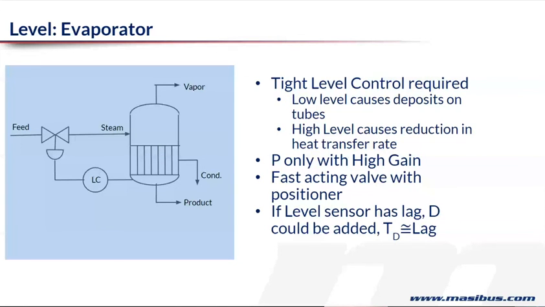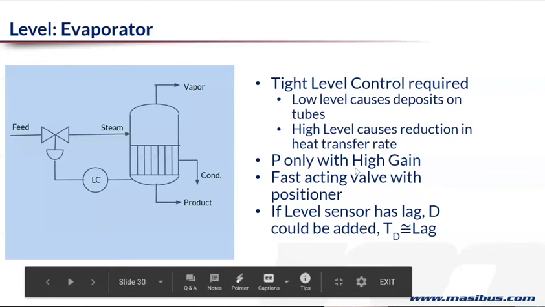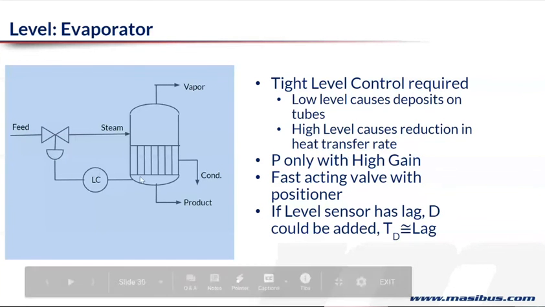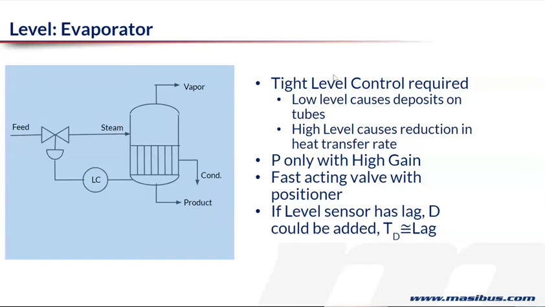So here you can actually do this with P only, with a high gain, meaning with a very narrow P band. What you require is a very fast acting valve, with a positioner, and if your level sensor has got some lag, then you add some D.